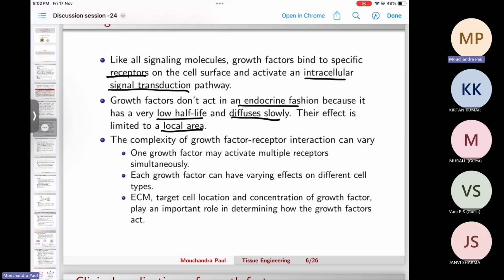Similar thing is mentioned here. One growth factor can activate multiple receptors simultaneously. Each growth factor will also have a different effect on a different cell type. Then the ECM, the target cell location, and the concentration of growth factors will all help determine how the growth factors will finally act on the desired application, say wound healing, etc.